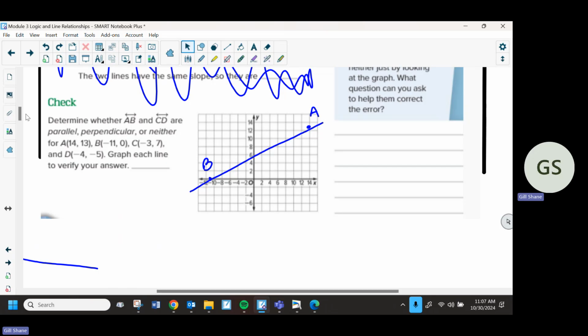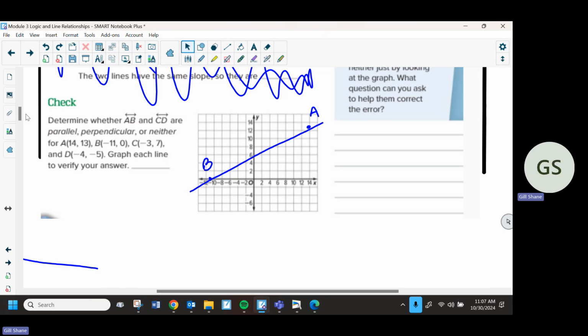So what's your answer? This is the test. So once you have your two slopes, you know they're not going to be the same slope, so the lines aren't parallel. So we know it's not that. To test and see if they're perpendicular, you multiply this times this.